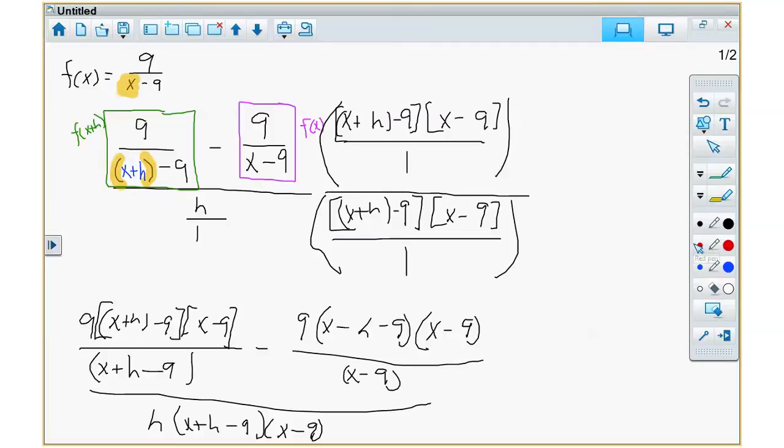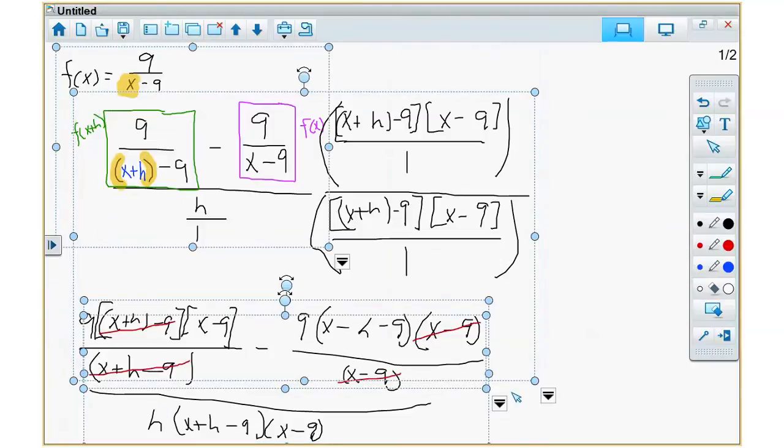Now what you're going to see is what? The x plus h minus 9's cancel, and the x minus 9's cancel. And now rewrite that. Clean it up.